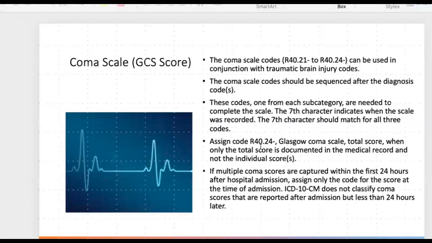Assign code R40.24-, okay, with a hyphen, because you have to assign the last character, right? Glasgow Coma Scale total score when only the total score is documented in the medical record and not the individual scores. So this is very clear, guys, that you should only assign the R40.24. And when you check the tabular, guys, there's further instruction.